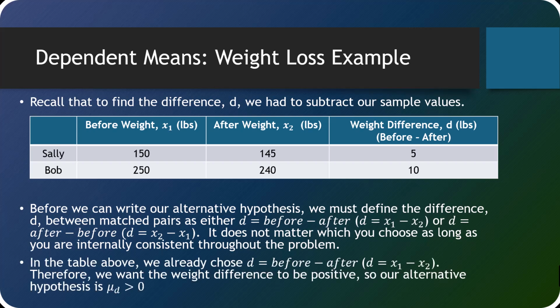In the table above, we already chose before minus after, or x1 minus x2. As you can see, these positive numbers indicate a weight loss. So if the treatment program was effective, that would mean that our average difference is larger than 0. So this is our alternative hypothesis: mu sub D is greater than 0.